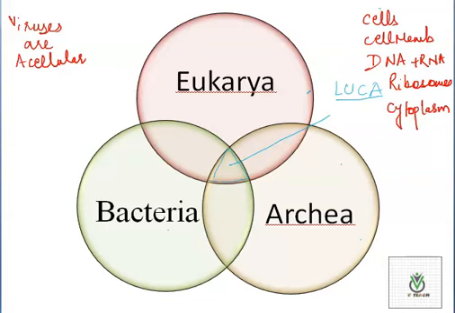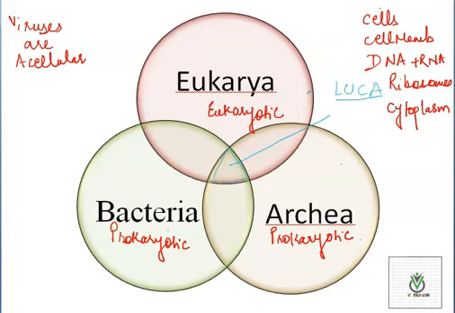Now when we come to the differences between bacteria, archaea and eukarya, first of all the bacteria have a prokaryotic nucleus, and archaea are also prokaryotic, but eukarya are eukaryotic in nature.